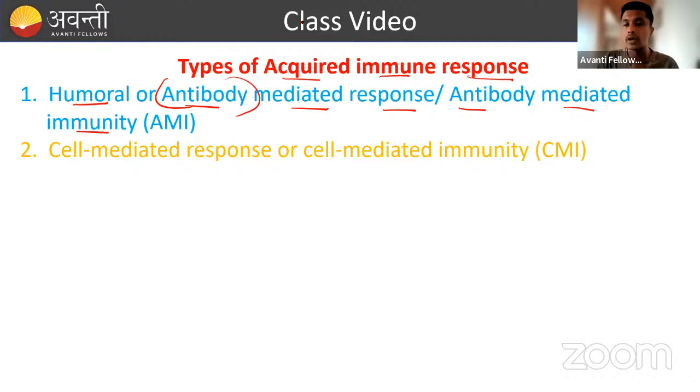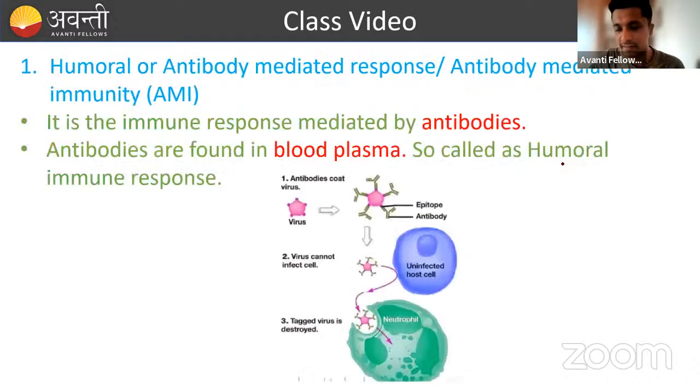Next we have the other type, called cell mediated immunity, or cell mediated response, popularly known as the CMI response. That is the cell mediated immune response. So we understood the types of immune responses. Now let us study individually these acquired immunity types.